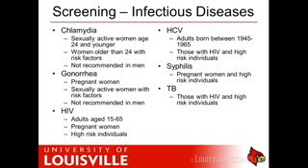Syphilis is going to be pregnant women and high-risk individuals. For TB, you're going to screen anyone that has HIV, and anyone that has risk factors. We here are very familiar with the risk factors for TB. Any questions about those?